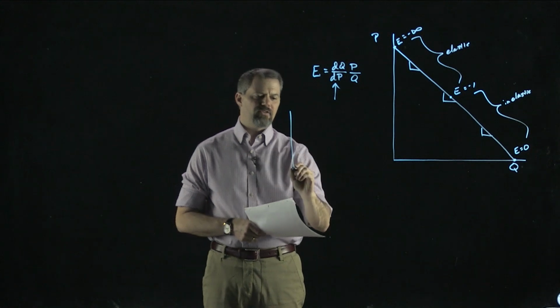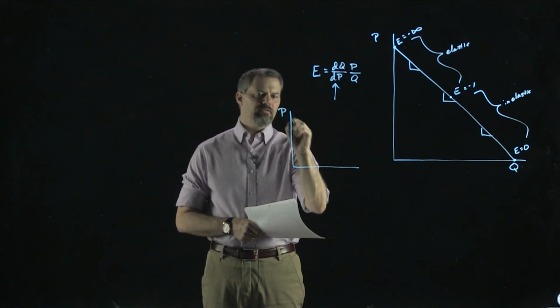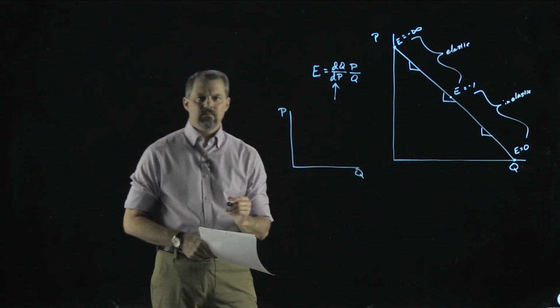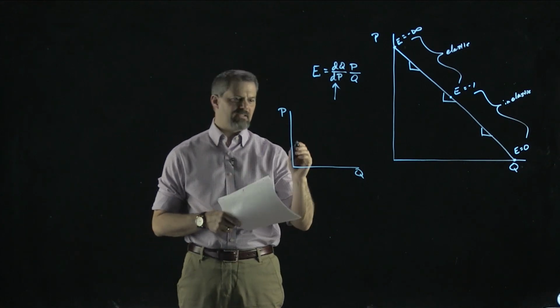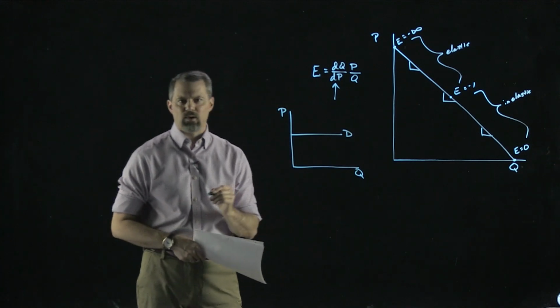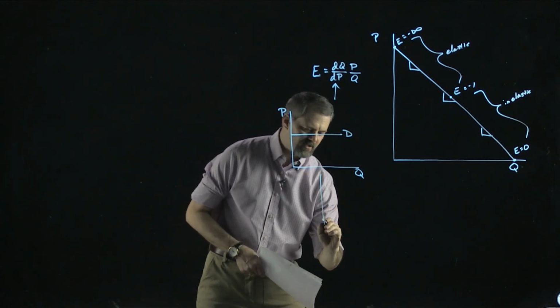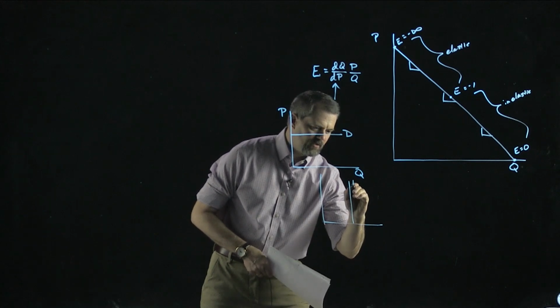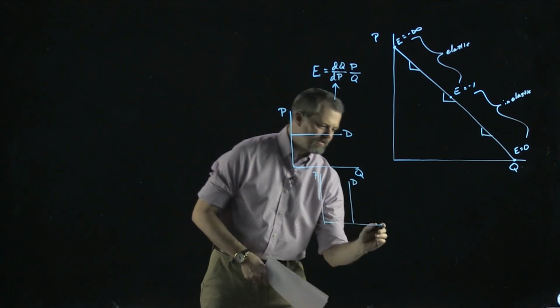Hopefully you remember the special cases of elasticity for both demand and supply curves. We would say that a demand curve that is horizontal is perfectly elastic. A demand curve that is vertical, perfectly inelastic.